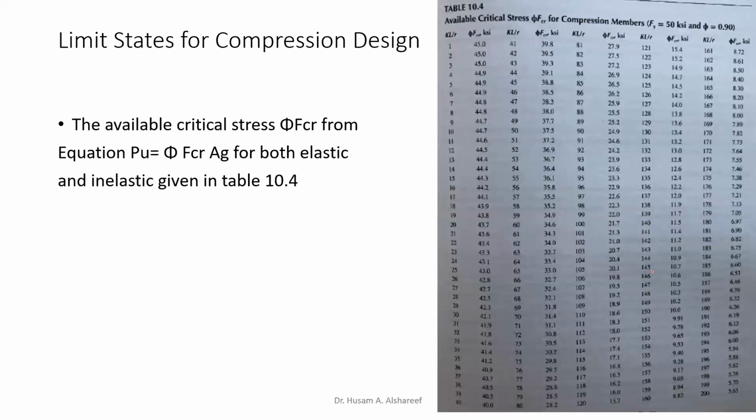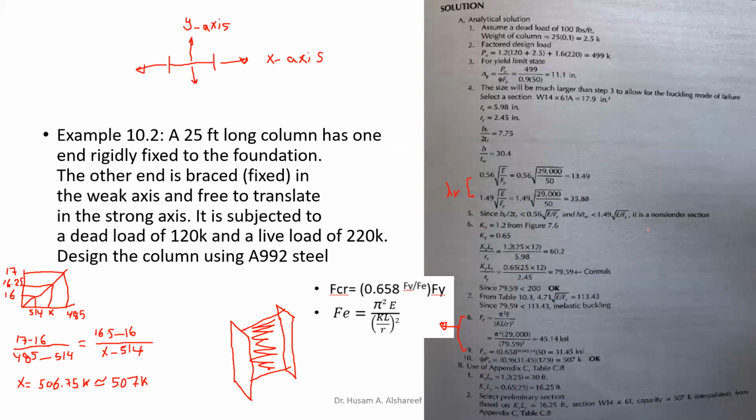So if we go back to the problem, we have 1.2 and 0.65. Then we find the slenderness ratio, just a plug-in chug, right? 1.2, that's what we found, times 25, the length of the column, times 12, because of conversion from feet to inches, divided by the Rx that we found here, and that's our slenderness ratio.